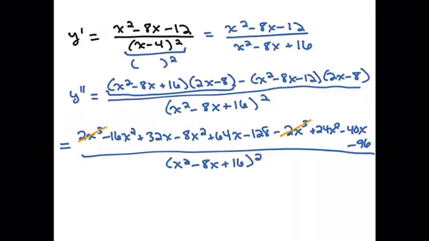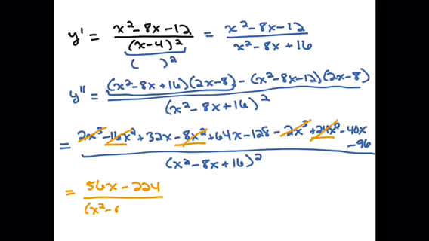My 2x cubes go away. I get negative 16x squared minus 8x squared plus 24x squared. Well, that adds up to 0. And we end up with 56x minus 224 over x squared minus 8x plus 16 squared.